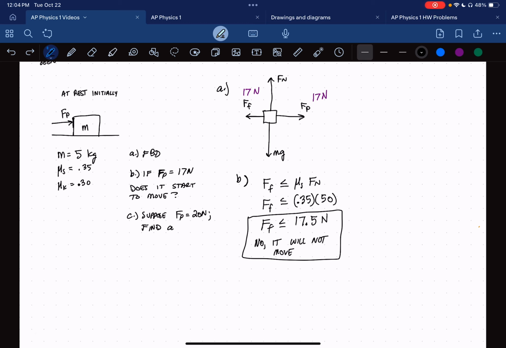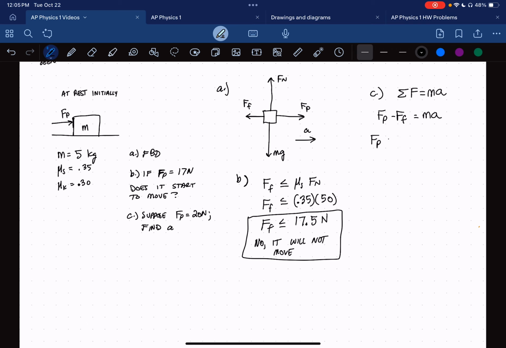Okay, let's do part C. Part C, suppose we push with 20 newtons of force, which will exceed this maximum static friction, so it's going to start slipping, and we want to figure out what is the acceleration. So it'll accelerate in this direction. Now we can use Newton's second law. So Fp minus Ff equals ma. And let's go ahead and substitute right now.